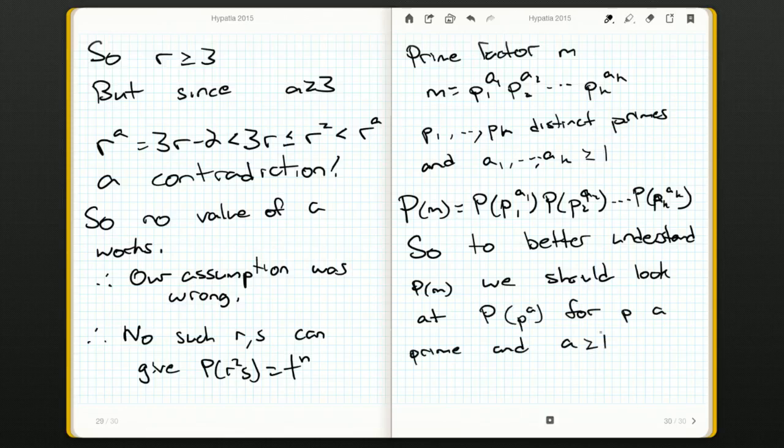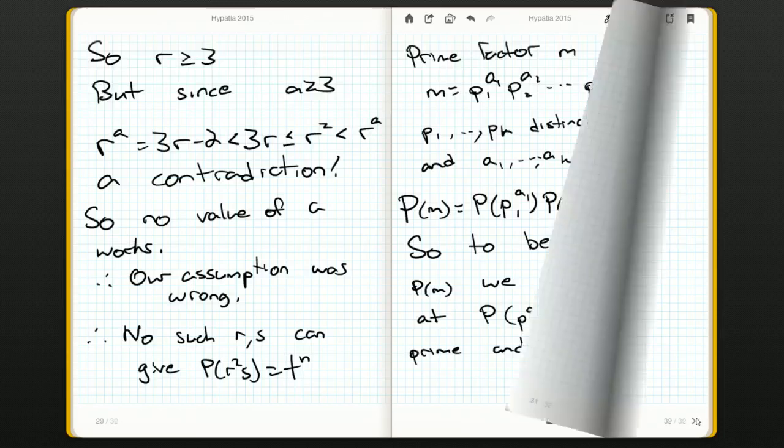All right, so P of M, and M could be any number here. We can better understand it if we just look at P of prime powers. Okay, it looks like this question's all about prime powers.